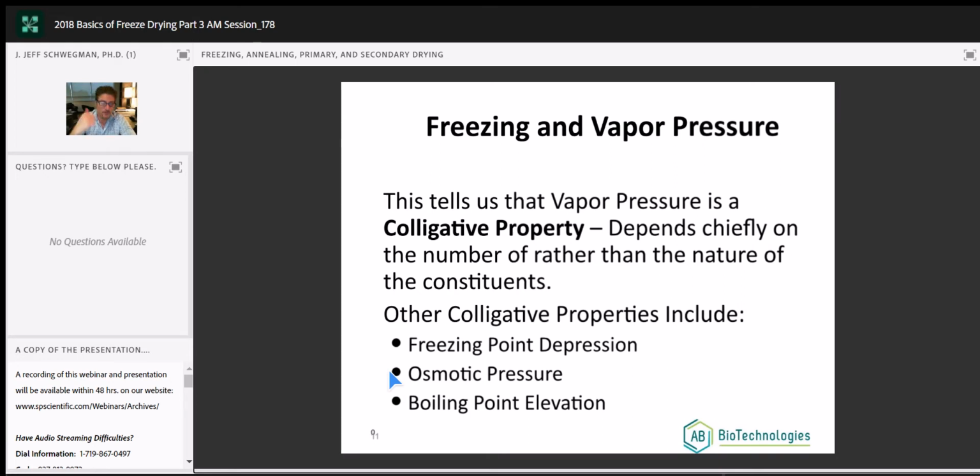And we measure that through two things. We can measure the tonicity by vapor pressure or freezing point depression. So there are two instruments that we can use. By putting additives into our formulation solute, we change the osmotic pressure, or the escaping tendency of those water molecules from a product. It also changes the boiling point, okay?